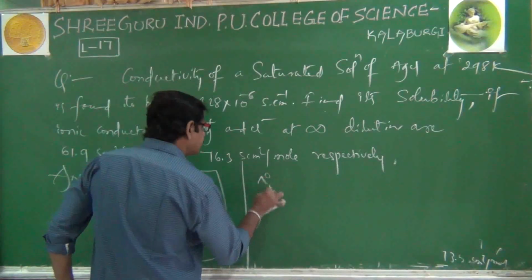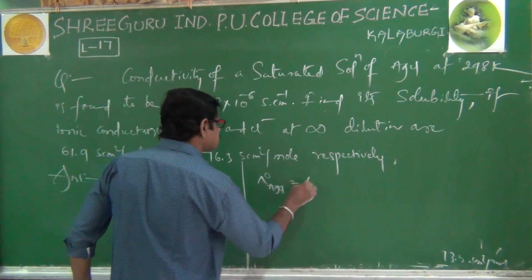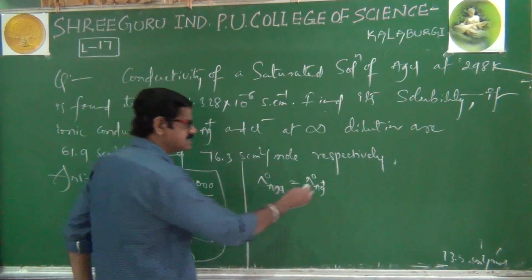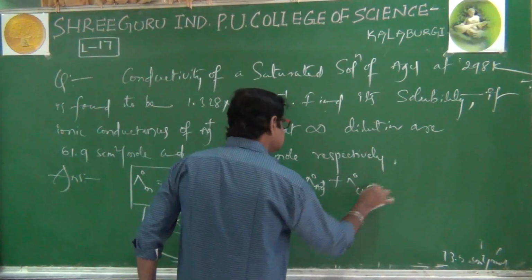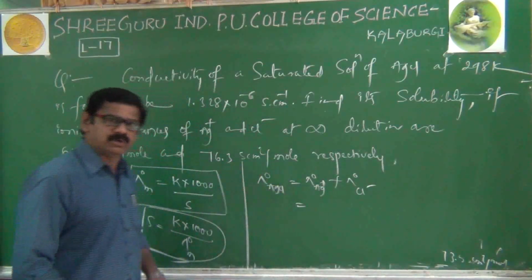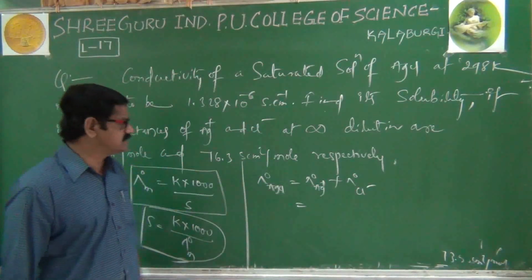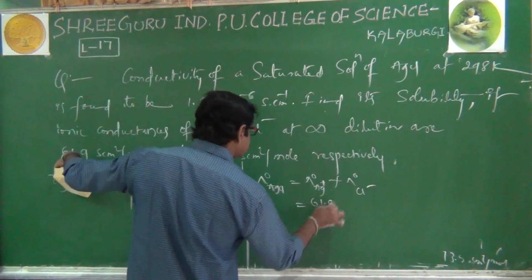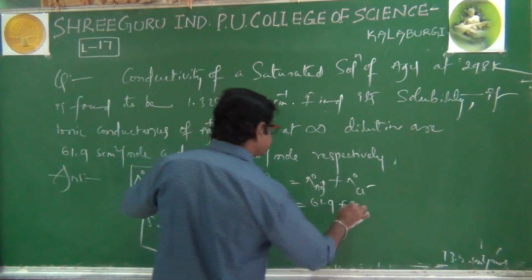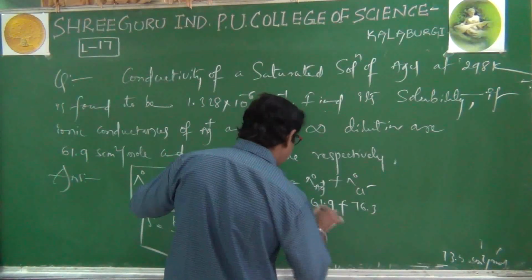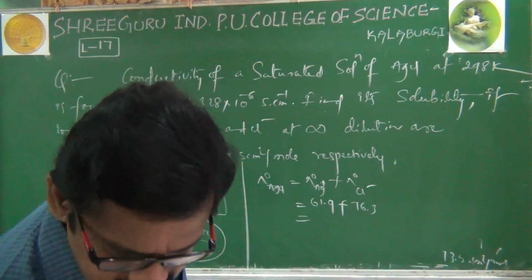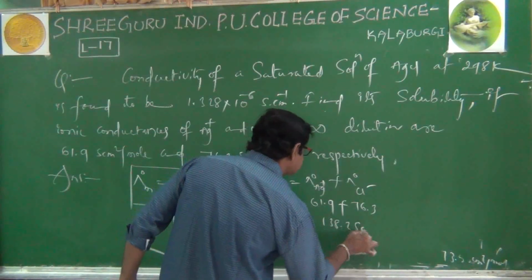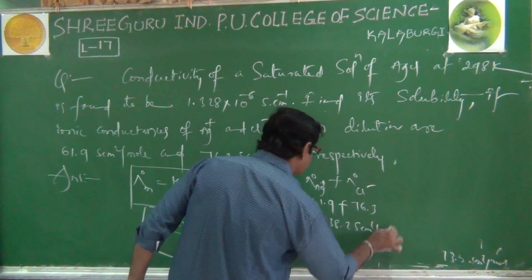Therefore, lambda m naught AgCl is equal to lambda m naught Ag plus plus lambda m naught Cl minus. Both values are already given in the question. We'll just substitute them. One is 61.9 plus another one is 76.3. If you add them, you will get 138.2 Siemens centimeter square per mole.